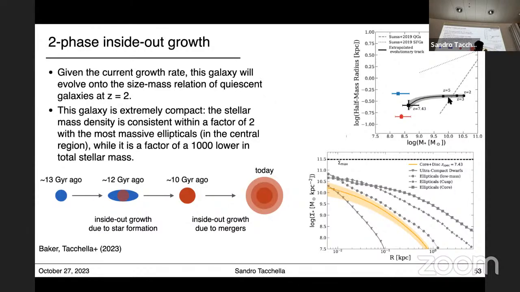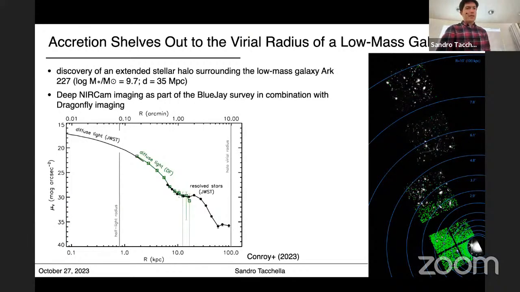But you are basically missing a factor of 1,000 in stellar mass in the outskirts. So again, it just highlights that these galaxies at early times seem to be very compact, formed a lot of stellar mass in the very central region, but miss out, of course, a lot of mass in the outskirts.